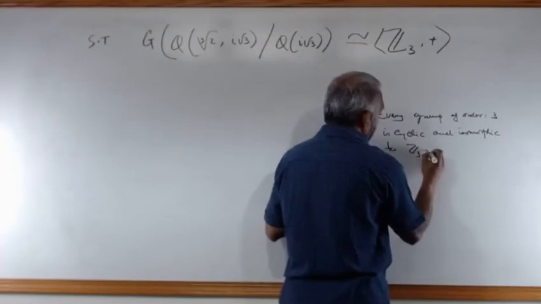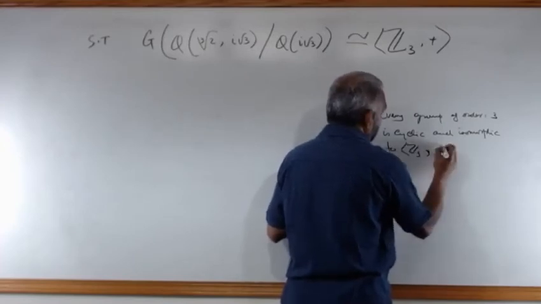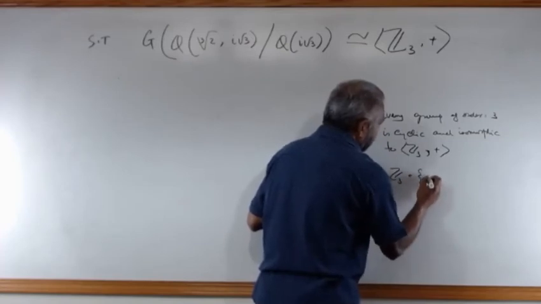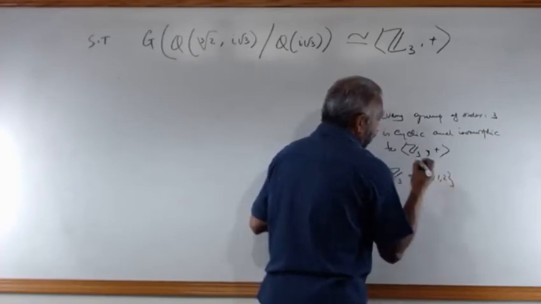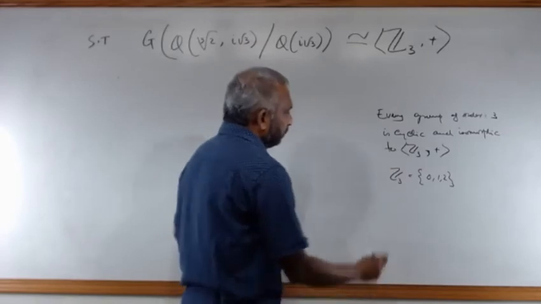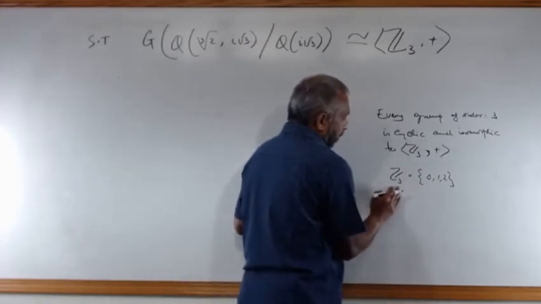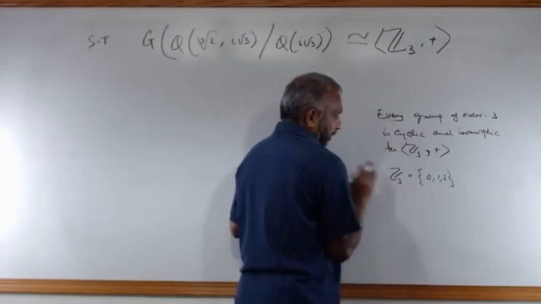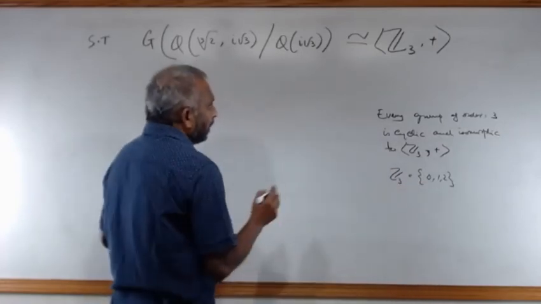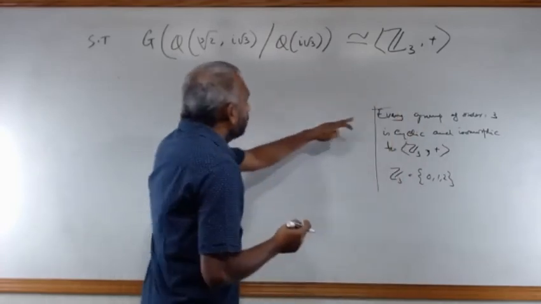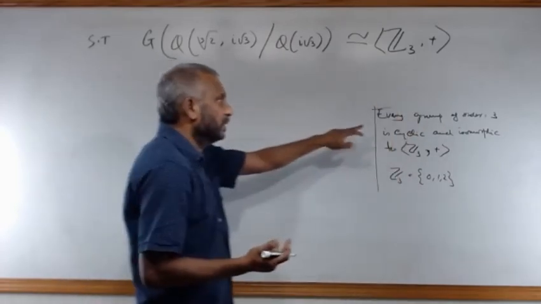Z3, plus means 0, 1, 2, and the binary operation is addition modulo 3. We are going to use this because this is the simplest way to prove this. All we need to do is show this contains 3 elements, then we are done.